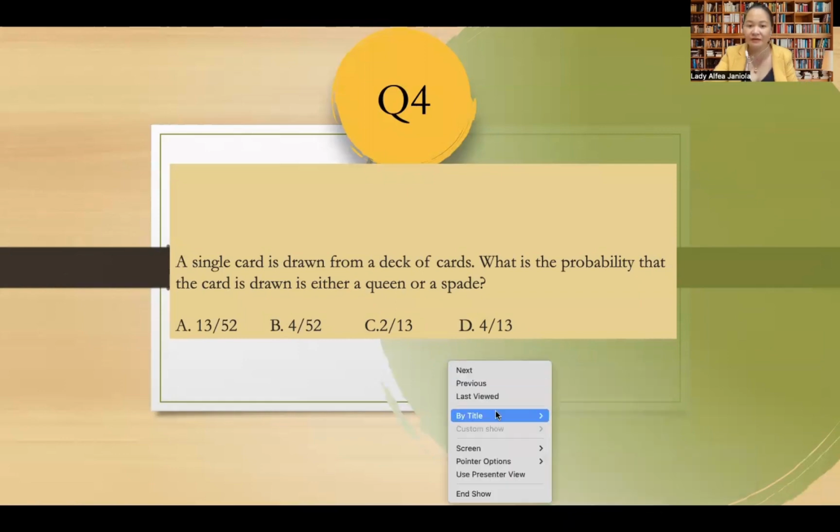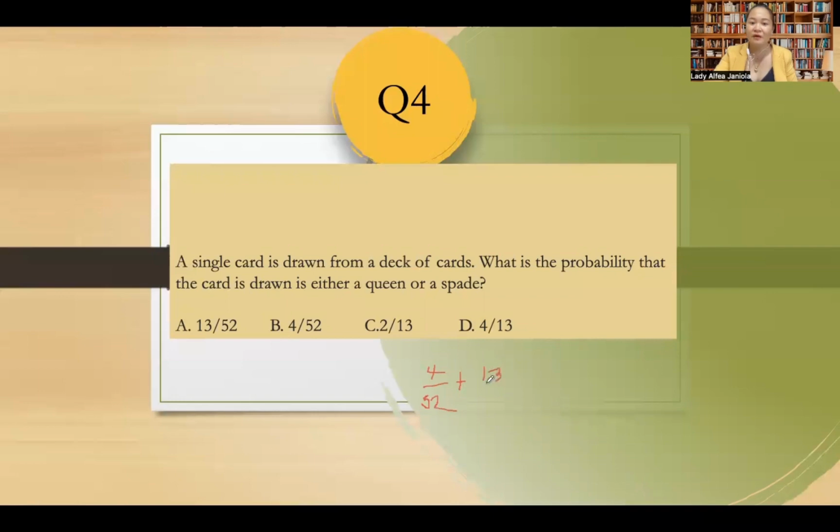So again, we have queen is 4 over 52 plus spade, we have 13 over 52, since that is or, and then minus their common queen of spades. So we have 1 over 52.